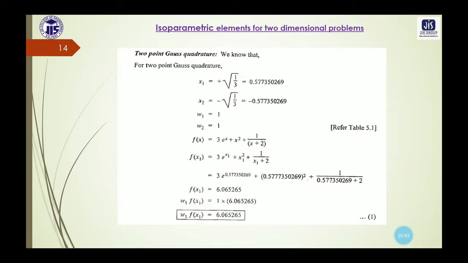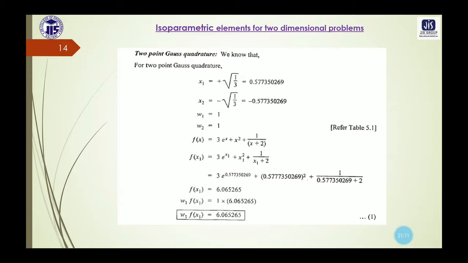Now the value of f(x) is 3e^x + x² + 1/(x+2). So f(x1) will be 3e^(x1) + x1² + 1/(x1+2).